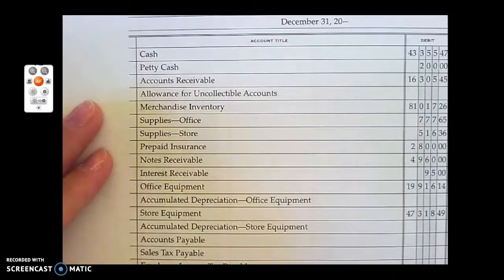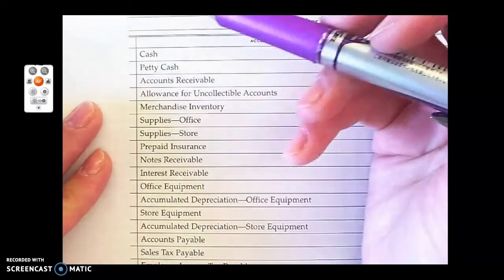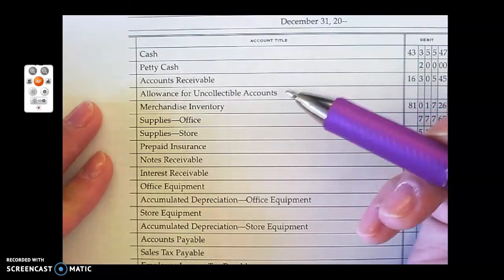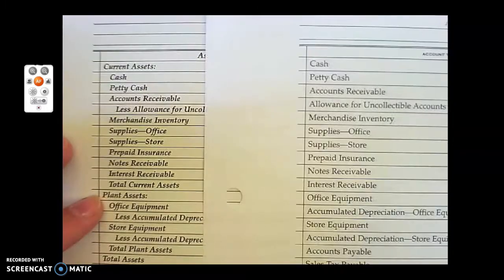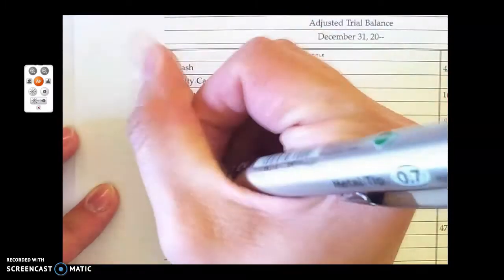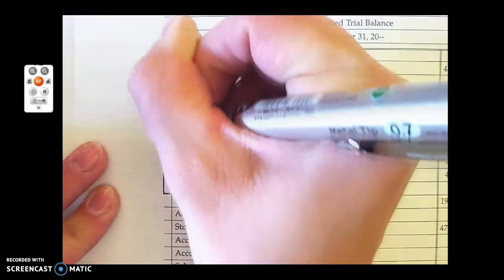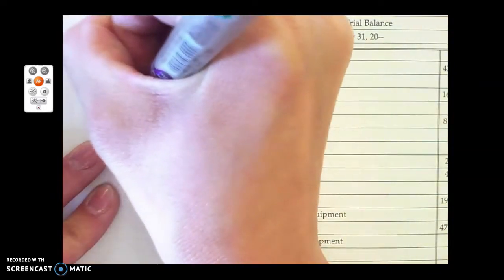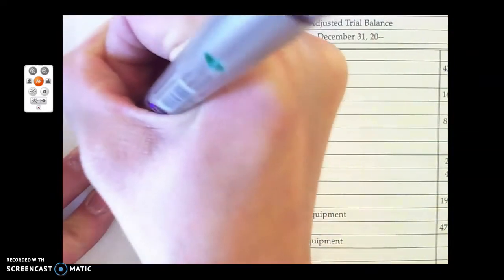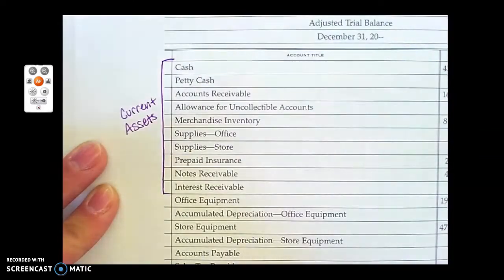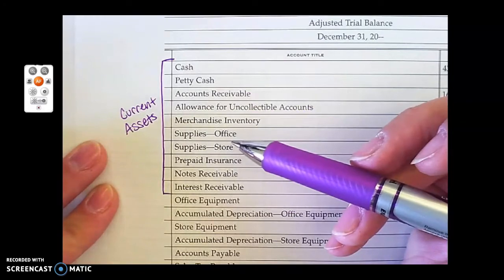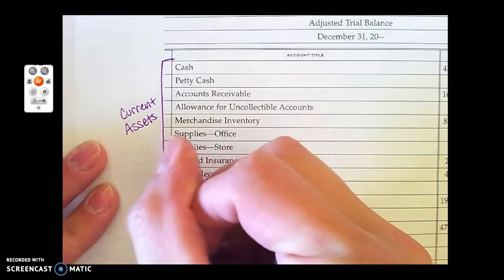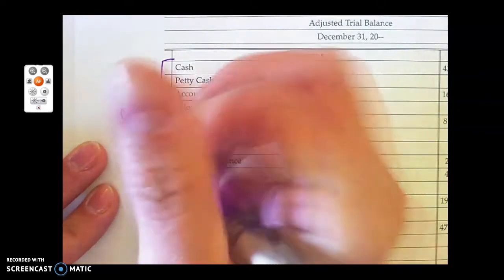It starts here with cash, and it goes all the way down to, this one's going to be a little different because we don't want to put our plant assets. It's going to go down to interest receivable. So these will be our current assets. So cash down to interest receivable. Now we will also have some plant assets. That will be these next ones here.